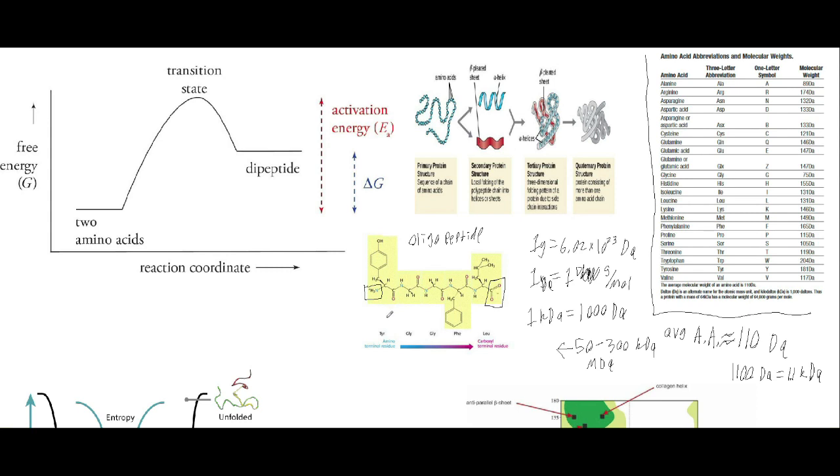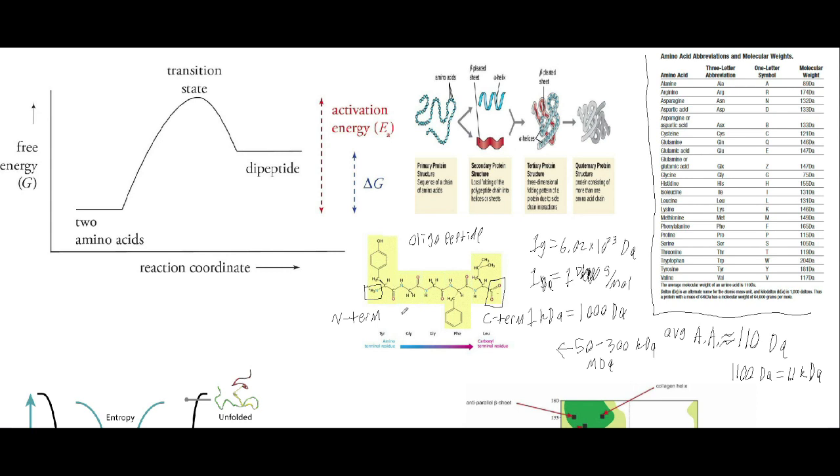This is the amino terminal residue, usually called the N terminus, N because it's nitrogen, and this will be called the C terminus because carboxylic acid, C. So that's how we define the ends.